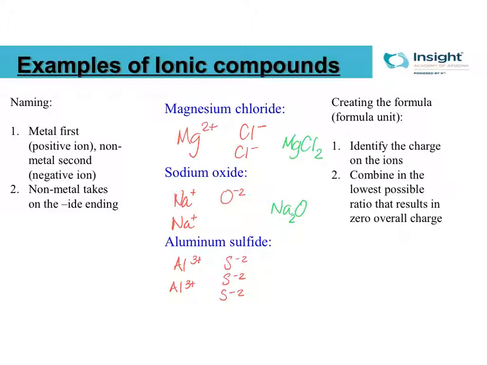And you know what? Eventually, I do come to a point where these cancel out. So if you look at this, I've got 3 plus and 3 plus, which makes 6 plus. And then 3 negative 2's, which makes negative 6. So this ratio, 2 aluminums to 3 sulfurs, gets me down to 0. All right? And this is actually as complicated as it gets.